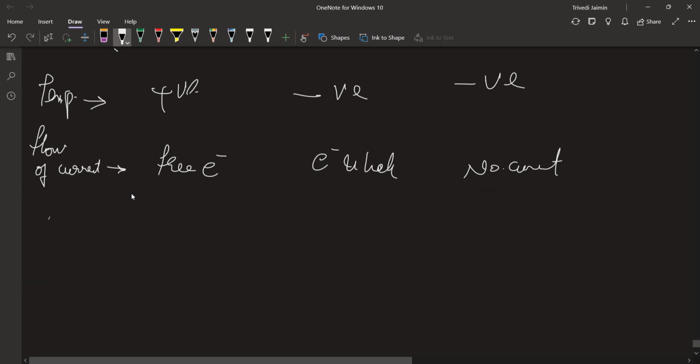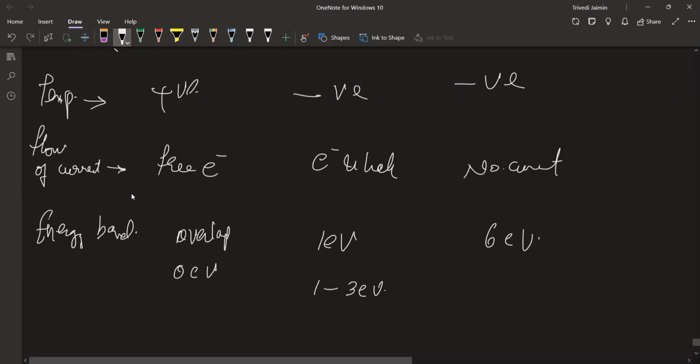In the energy band, for conductors there is overlap. For semiconductors the forbidden gap is less, about 1 electron volt. For insulators it is 6 electron volt, the forbidden gap is bigger. For conductors it is 0 electron volt, for semiconductors the range is 1 to 3 electron volt, and for insulators it's more than 6 electron volt.